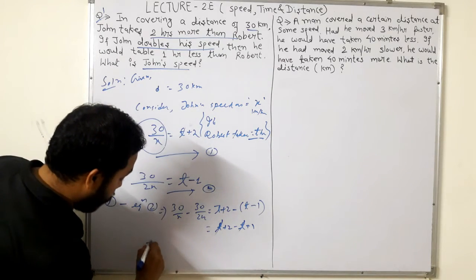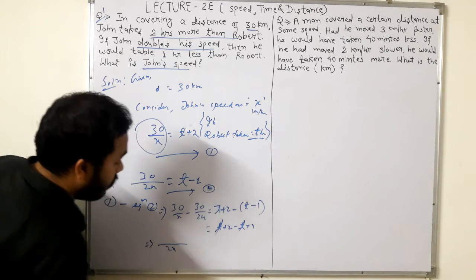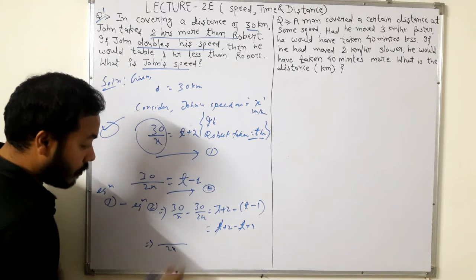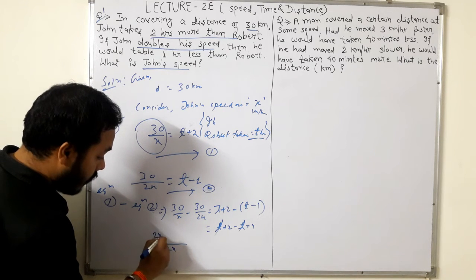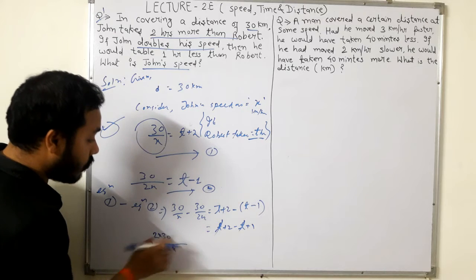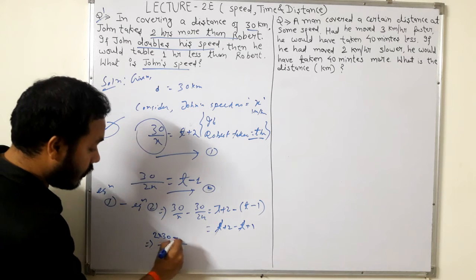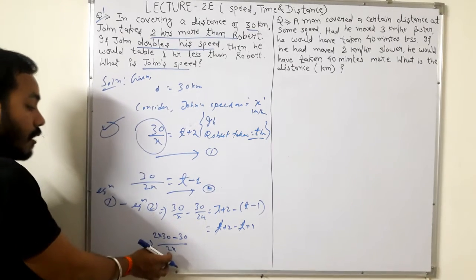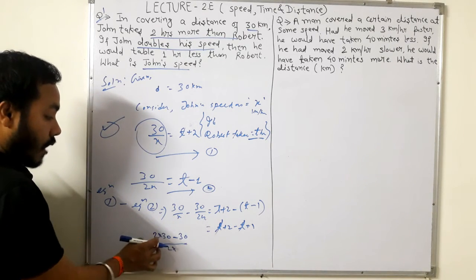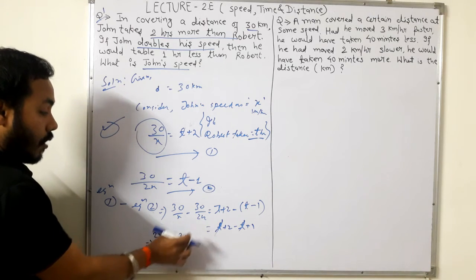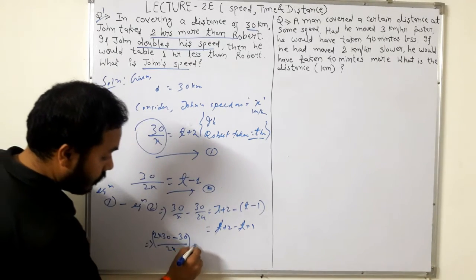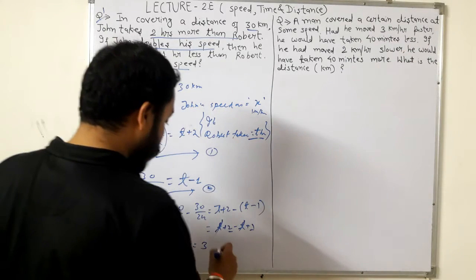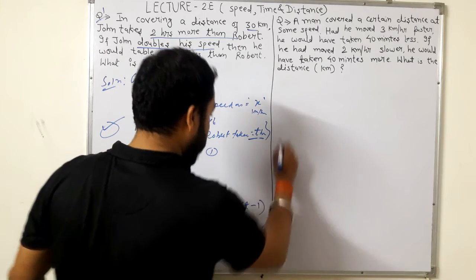On the left, 2x will be the common denominator, because we have x and 2 into x. So 2 into 30 over 2x, minus 30 over 2x, and on the right 2 plus 1.